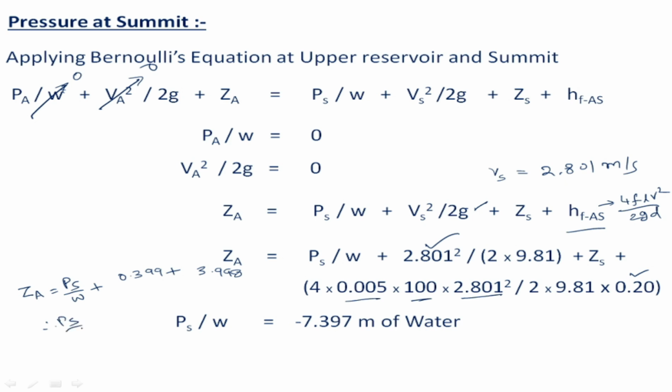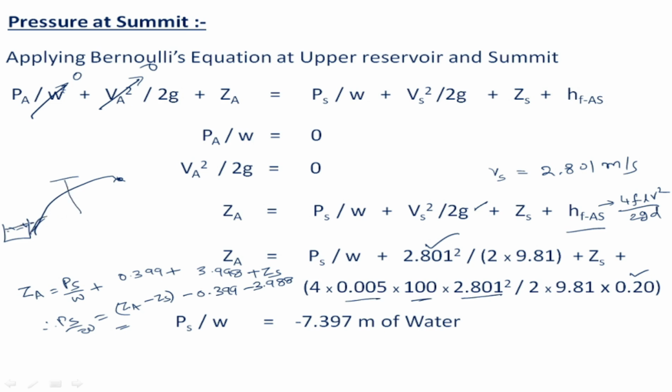Therefore PS by W or omega, the pressure head at summit, is equal to ZA minus ZS minus 0.399 minus 3.988. We know ZS minus ZA is equal to, this is summit, this is upper level water reservoir.